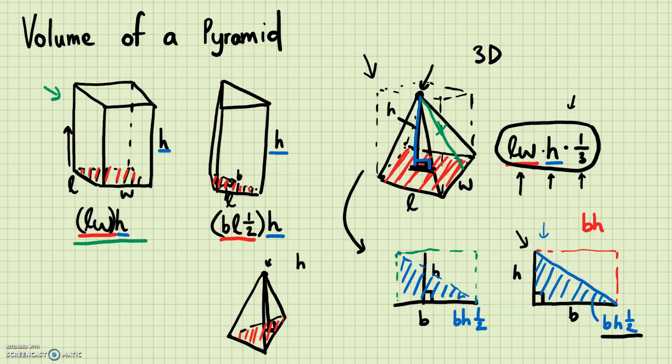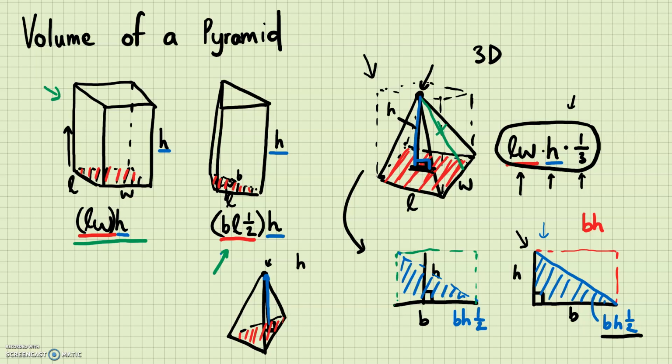You find the area of the base, you multiply that times the height, and if you just leave it like that, it's going to be the triangular prism. So to get the volume of a triangular pyramid, again, you need to divide by 3.